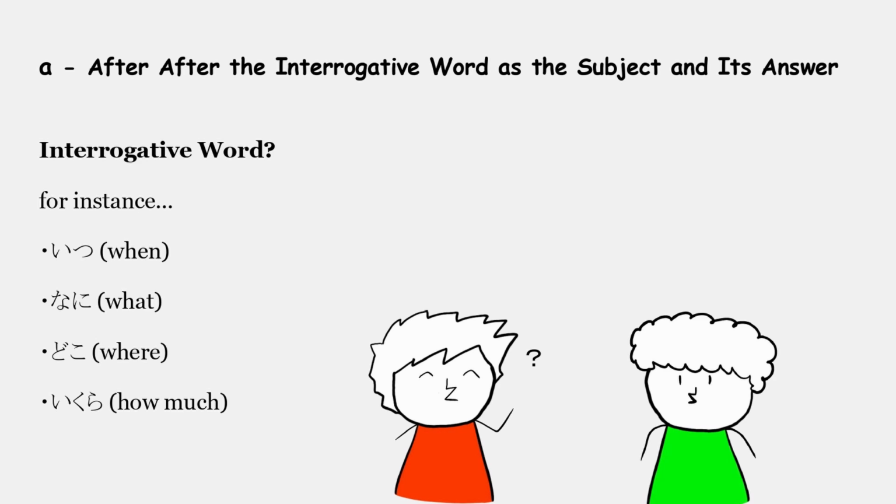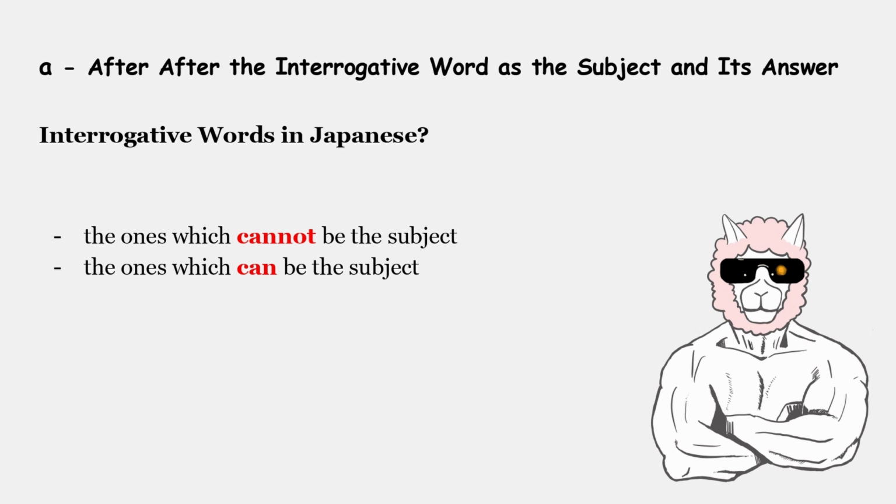Do you know some interrogative words in Japanese? As you can see on the display, there are, for example, nani, doko, ikura. But there is a problem. There are some interrogative words which cannot be the subject and some which can be the subject.